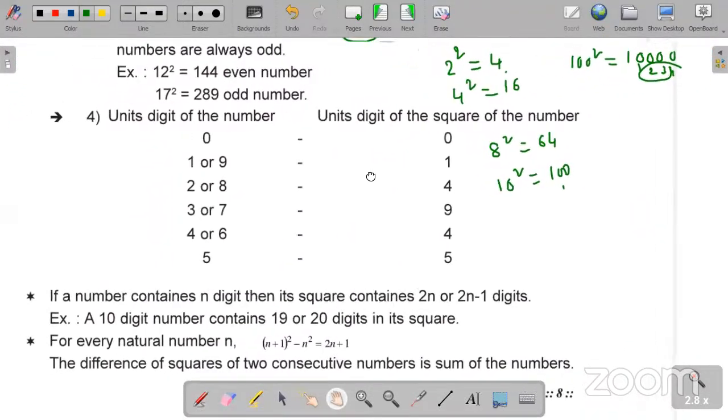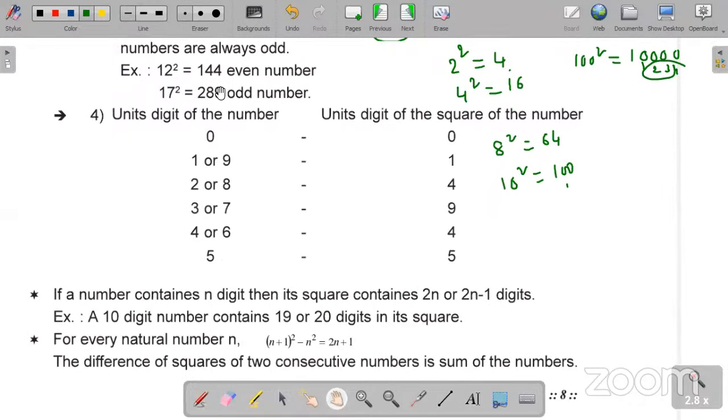Right. So now one more important point needs to be discussed here. This is very important. You can even take a screenshot, no problem. If the unit digit of a number is 0, in its square the unit digit will be 0. If the unit digit is 1 or 9, the unit digit of the square will be 1.